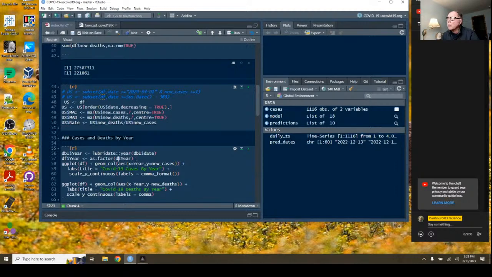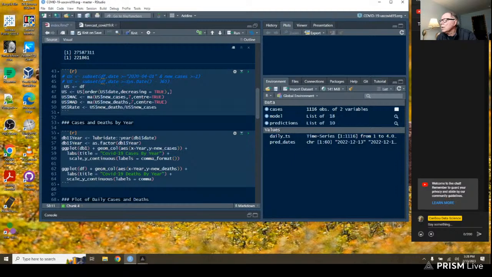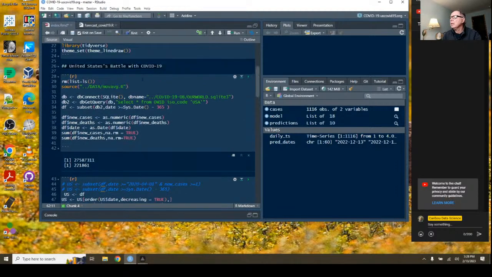Why I'm doing a factor, I'm not really sure, but anyway, what we want to see down here is the total. We want to compare last year's numbers to the complete numbers. Let's come back up here then.